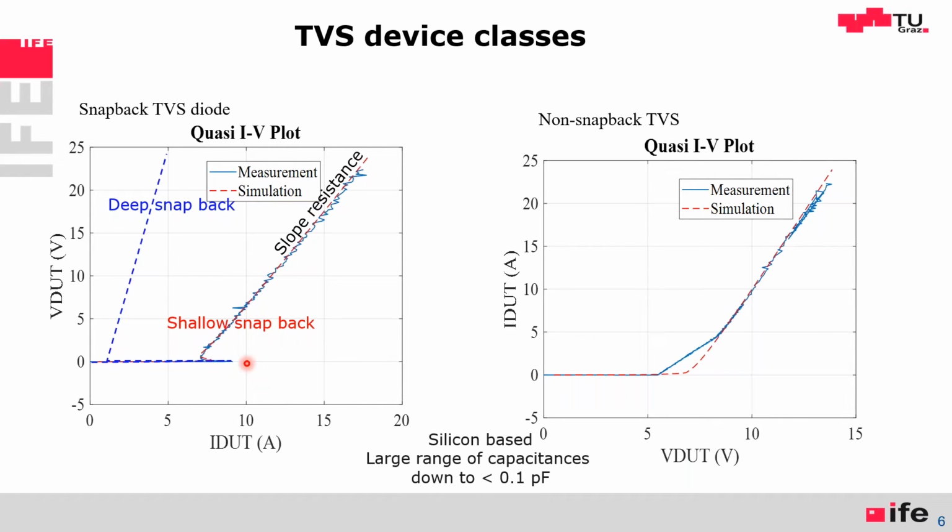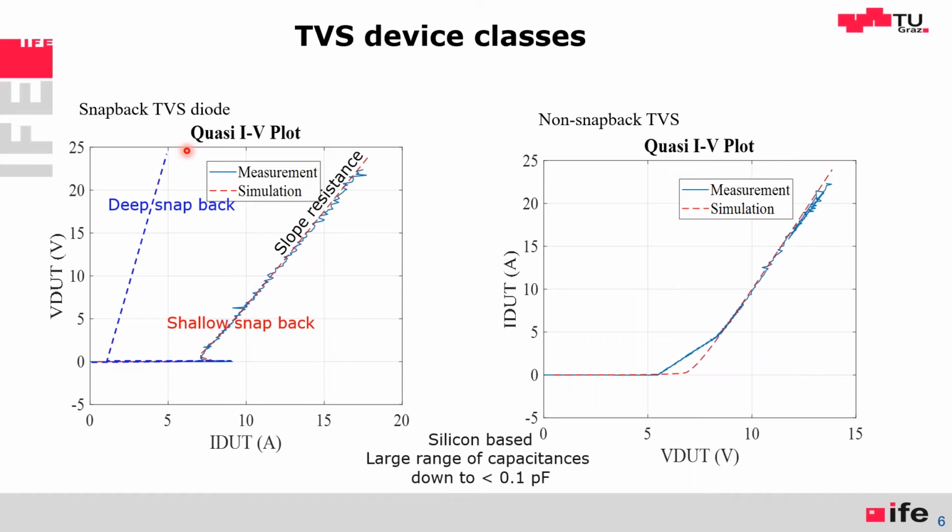But there are devices which snap back like from 7 volt to 1 volt. And then they have a snap resistance here. Why do we want deep snapback devices? The reason is if we have low capacitance requirements, the area inside the TVS has to be small because the capacitance goes proportional to area. The problem is if the area is small and we have to dissipate a lot of energy, it will die.